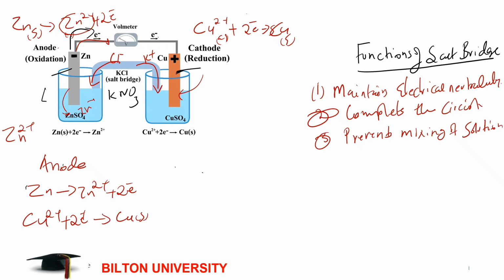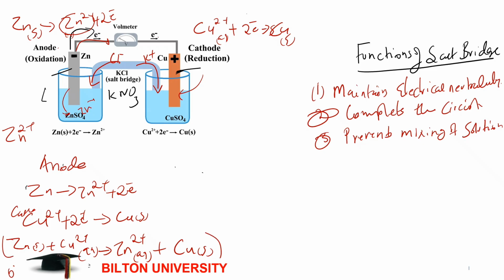The two reactions can be combined into one overall reaction: zinc, which is solid, plus copper 2+, which is aqueous, gives us zinc 2+, which is aqueous, plus copper solid. So this is the overall reaction of what is taking place.